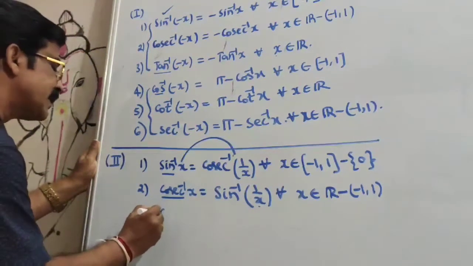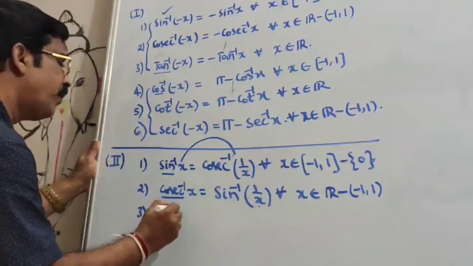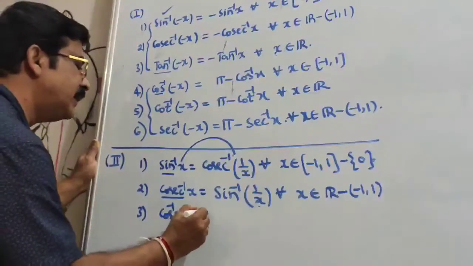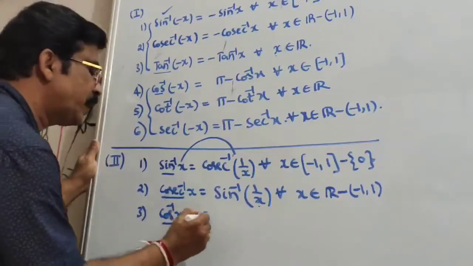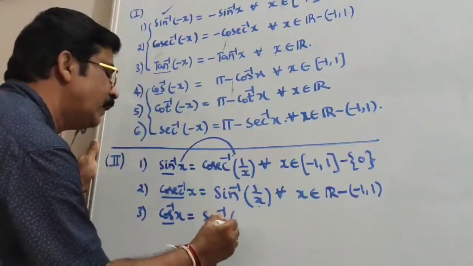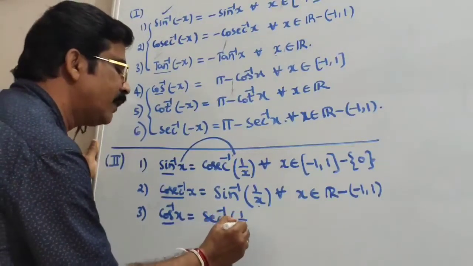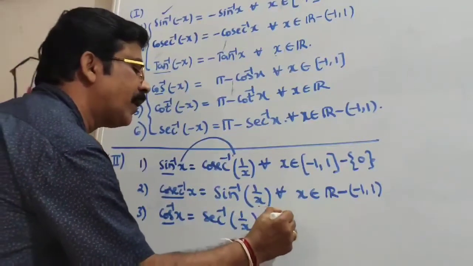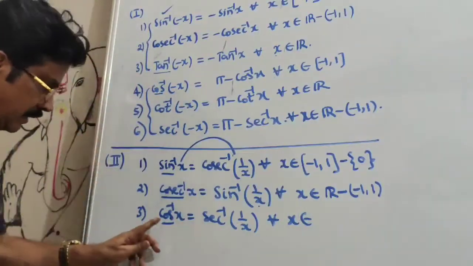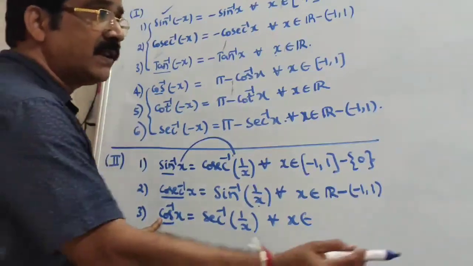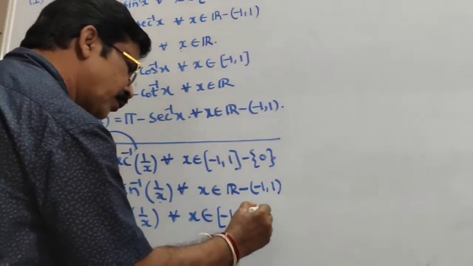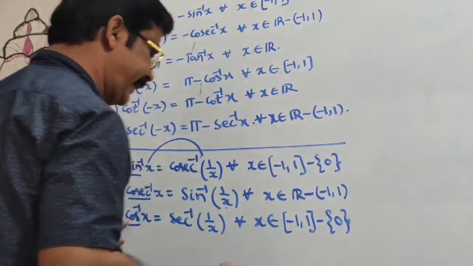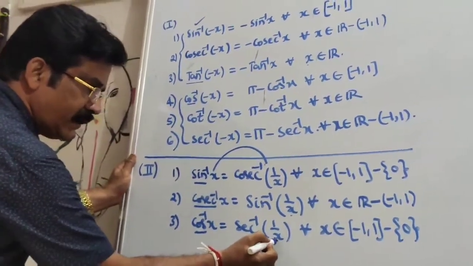Okay, next number 3. Cos inverse of x is equal to the reciprocal, secant. Okay, x reciprocal 1 by x. So for all x belonging to the domain of cos inverse, the closed interval of -1 comma 1. Of course 0 should be deleted because in the denominator 0 is there.